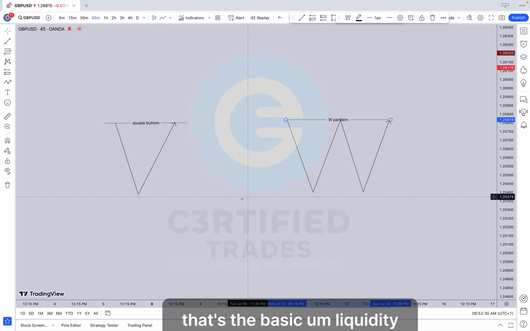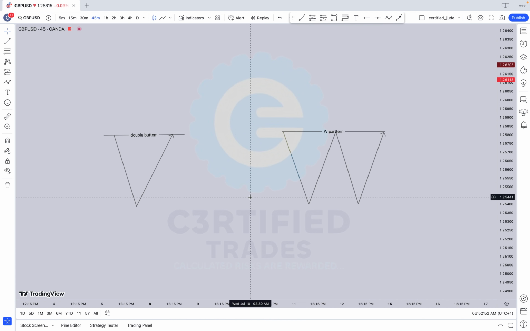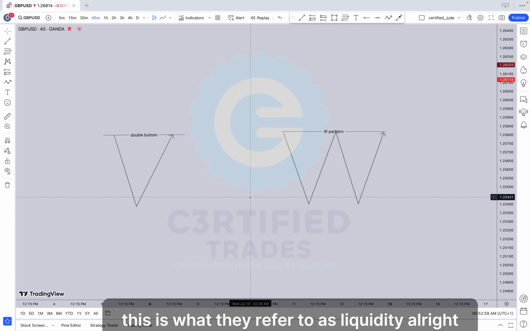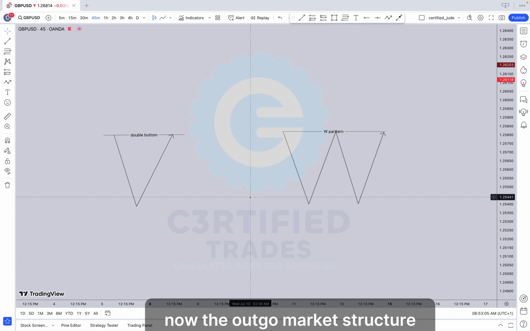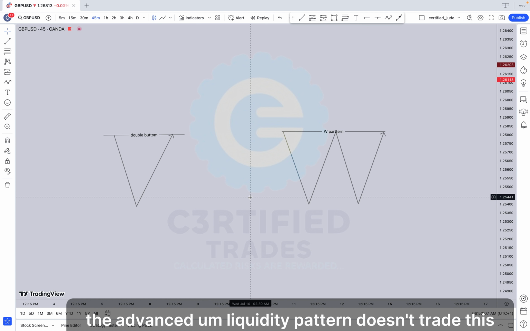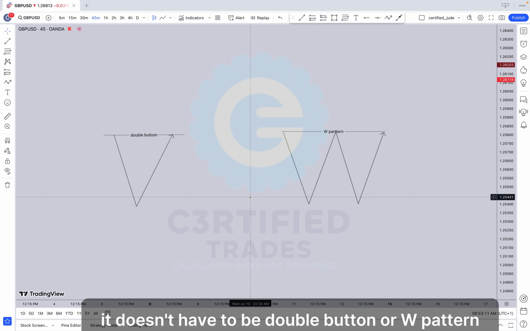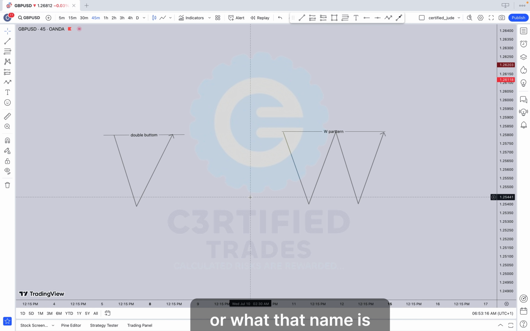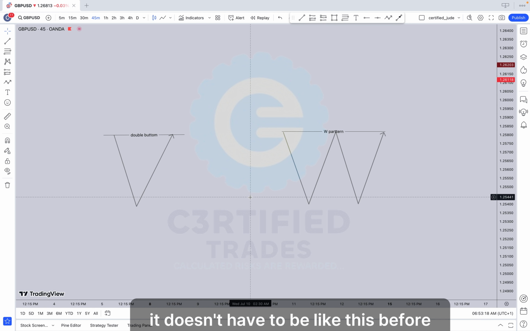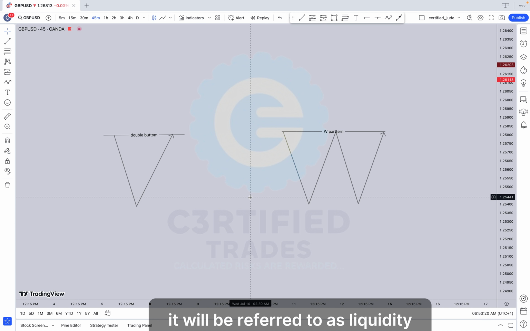That's the basic liquidity, supply and demand. This is what they refer to as liquidity. Now the algo market structure, the advanced liquidity pattern, doesn't trade this. It doesn't have to be a double bottom or W pattern or whatever, name it, before it will be referred to as liquidity.